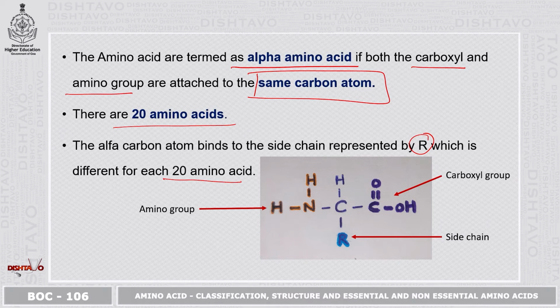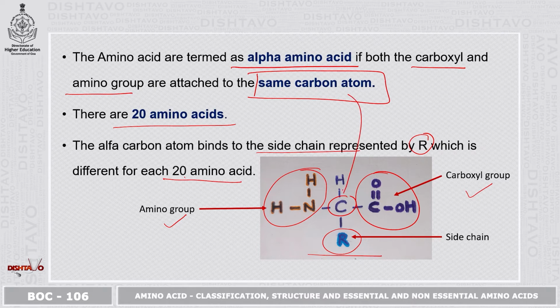So in this diagram you can see this is the amino group, this is the carboxyl group, this is the side chain. This side chain is going to change for each of the 20 amino acids. And this carbon is our alpha carbon. So alpha amino acid. Okay.